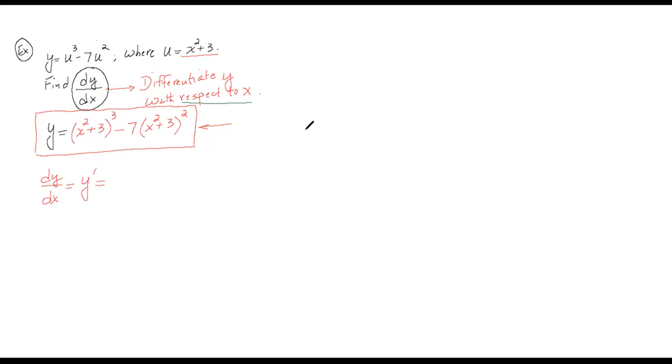If I had said dy/du, then I can just go ahead and straight differentiate that, come up with 3u squared minus 14u, and I'm done. But here it's asking you with respect to x, okay? So we need to make that substitution. Thank you. You're welcome.